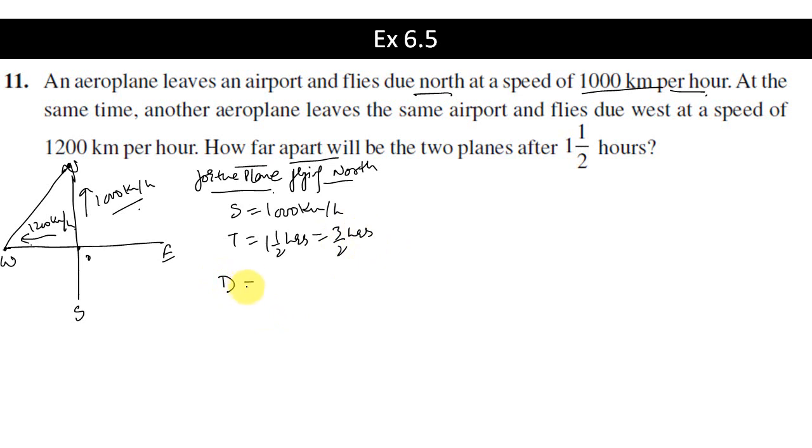So the distance covered by this plane, distance is speed into time. Therefore, this distance will be 1000 multiplied by 3/2. 2 and 1000 will get cancelled out. So this will be 1500 kilometer. So the plane flying due north would have covered 1500 kilometers.